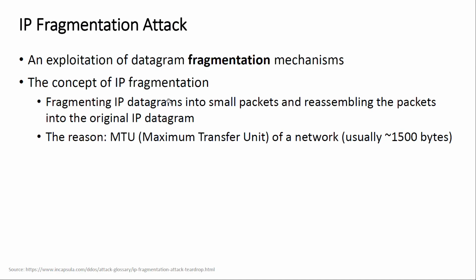You cannot just send an IP datagram of any size because there is a maximum transfer unit size, and for a network this is generally 1500 bytes. So you cannot send 5 megabytes of a datagram as a single packet. You have to fragment it. But how you fragment it actually depends on your choice. You can use this maximum transfer unit size.